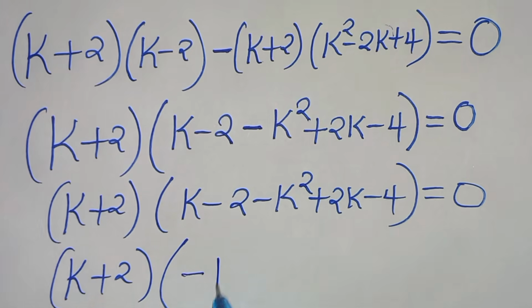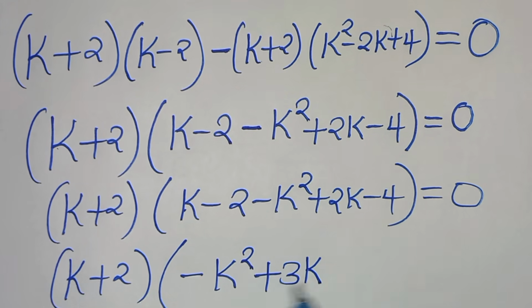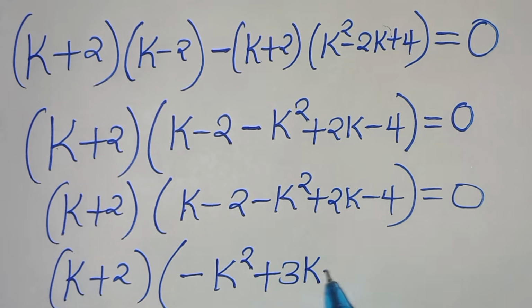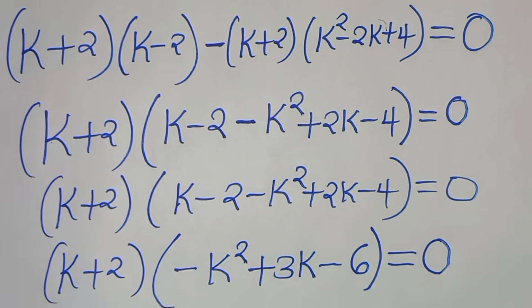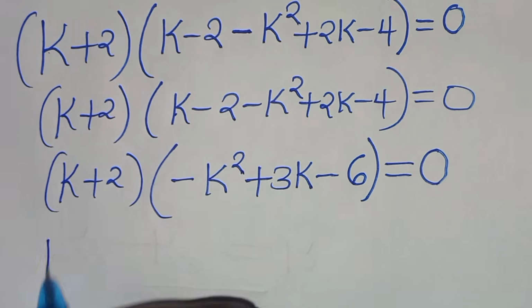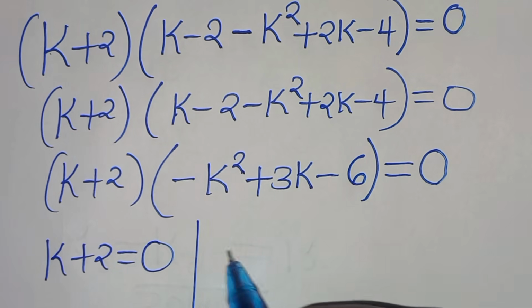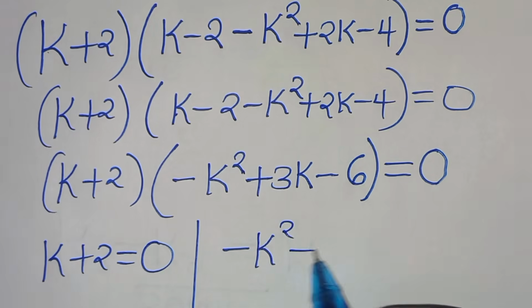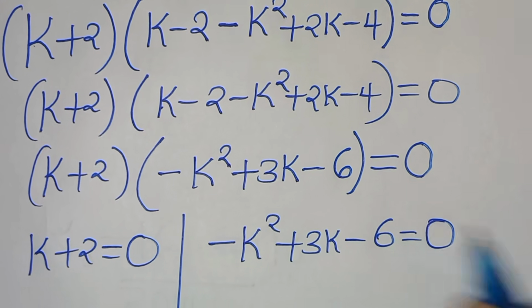So this is minus k squared, then k plus 2k, this is plus 3k, minus 2 minus 4, this is minus 6, and this is equal to 0. We have got two parts here. We have k plus 2, this is equal to 0, then minus k squared plus 3k minus 6, this is equal to 0.